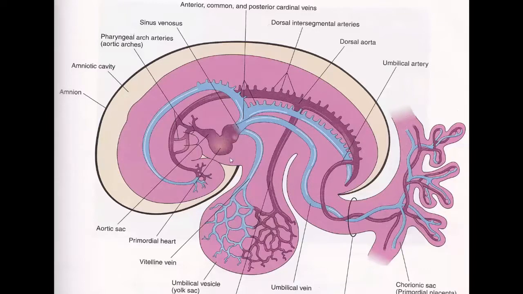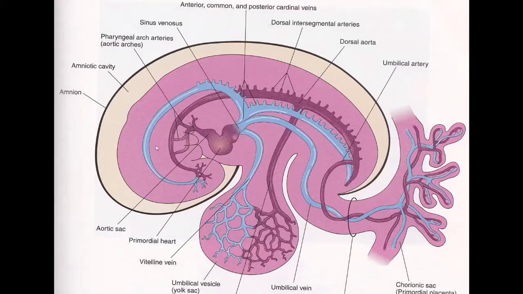The heart tube was long, but it has been bended. This is the venous end, this is the arterial end. So this arterial end will give rise to aortic arches, 1, 2, 3. So the pharyngeal arches will develop during the 4th and 5th week here.